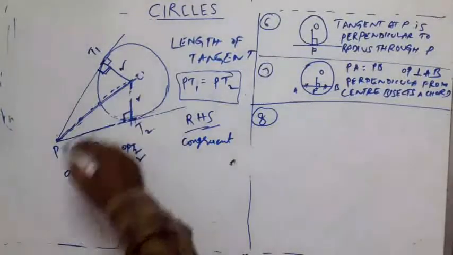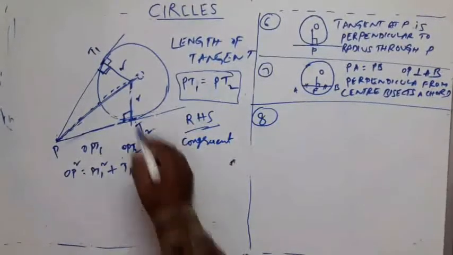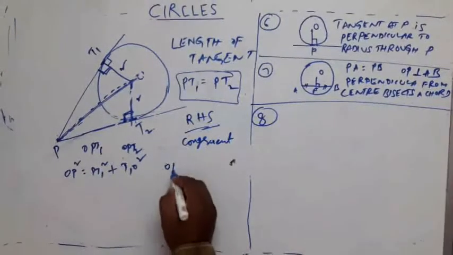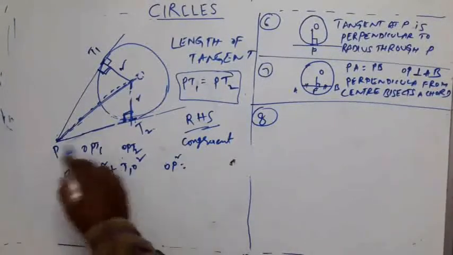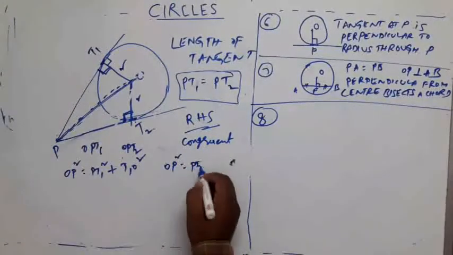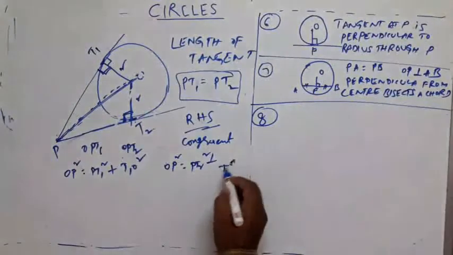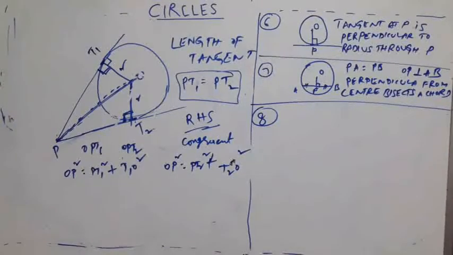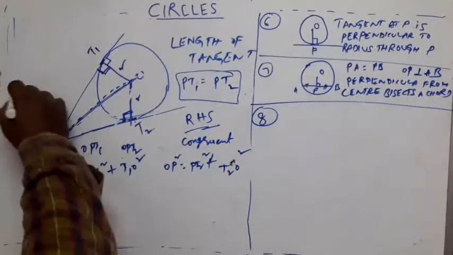In the same way, in this right angle triangle, this is hypotenuse, this is 90 degrees. OP square is equal to side square plus side square. That is PT2 square plus T2O square, using Pythagoras theorem.